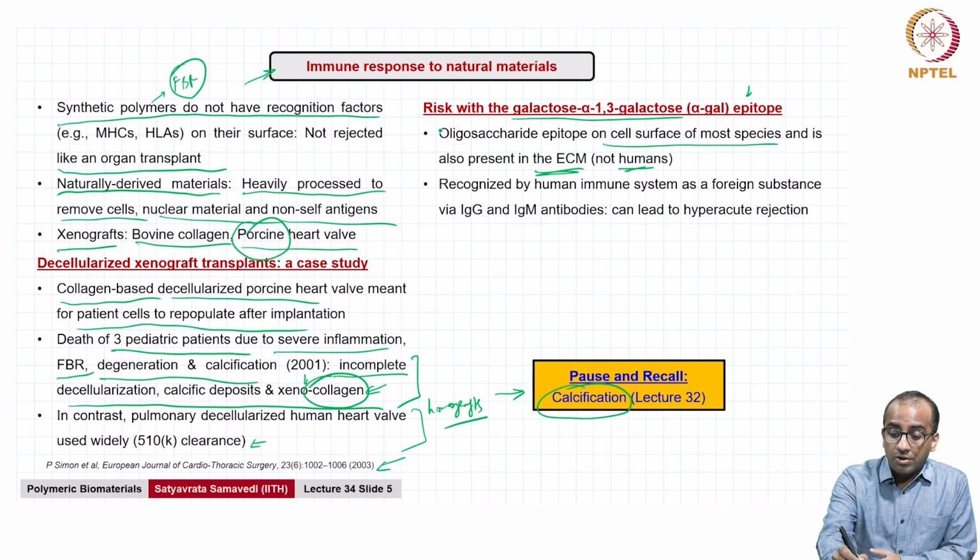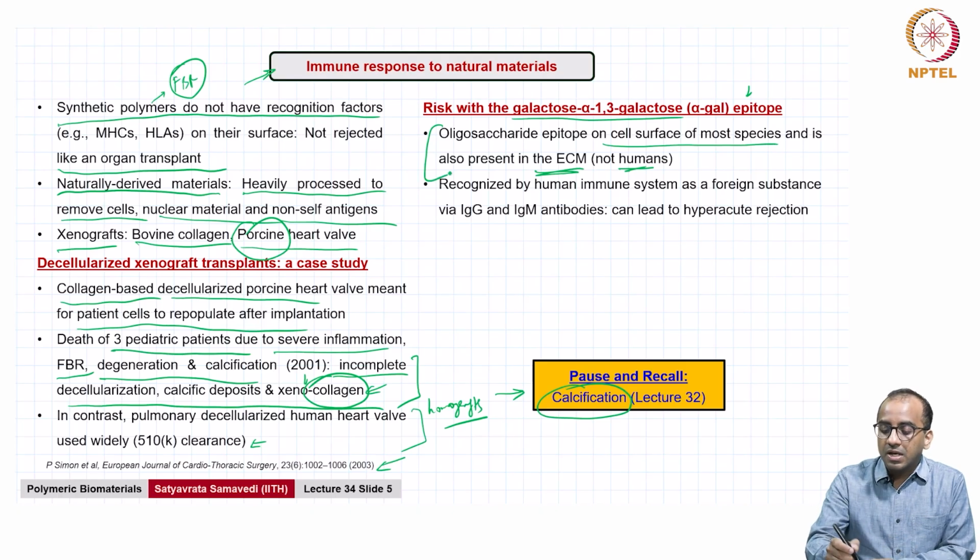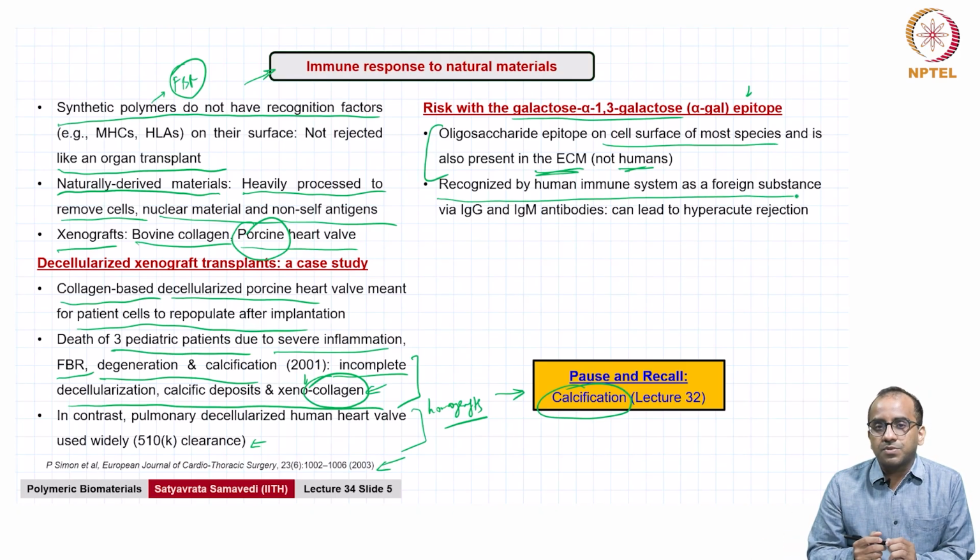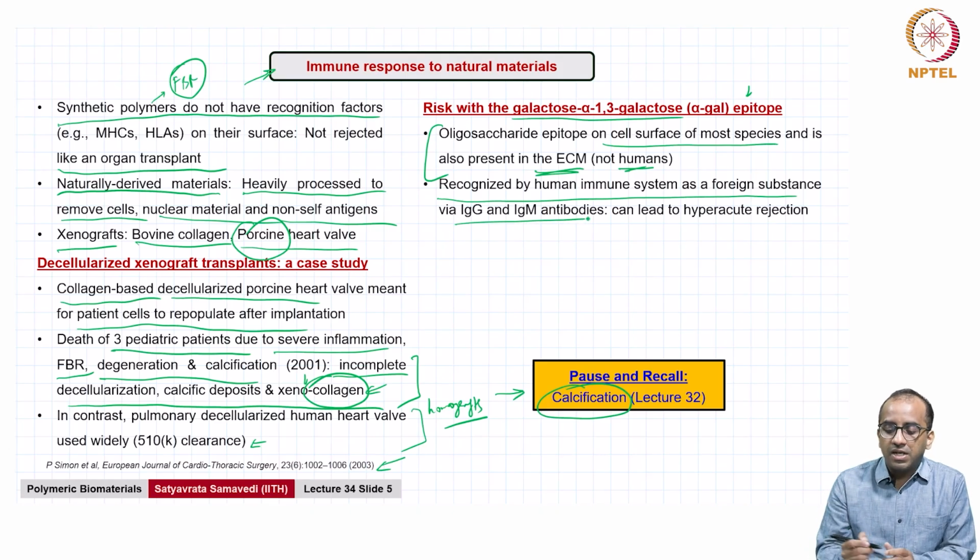So, that can cause a huge risk because it is recognized by the immune system in humans as a foreign substance through IgG and IgM antibodies. Essentially, the human body has developed these antibodies in early development. One theory is that in response to gut bacteria, they have been already developed.